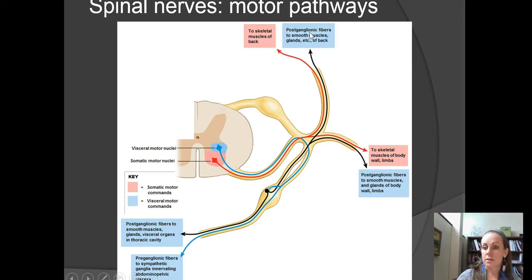So somatic motor goes directly to its location. But visceral motor, which is the same thing as autonomic, no matter where it ends up, it always stops off first at headquarters, which is the sympathetic ganglion.